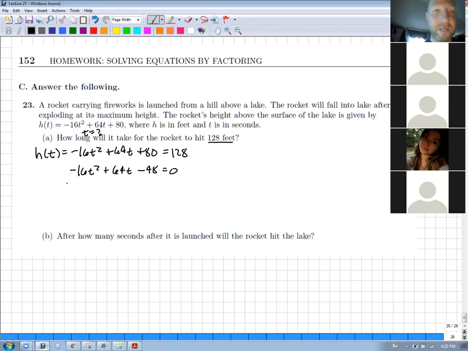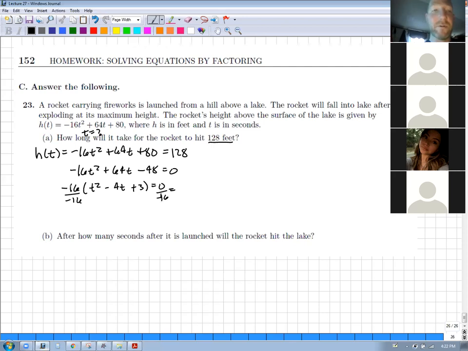yeah, we can pull out a -16 here. We get t squared minus 4t plus 3. We could divide both sides by -16, right?